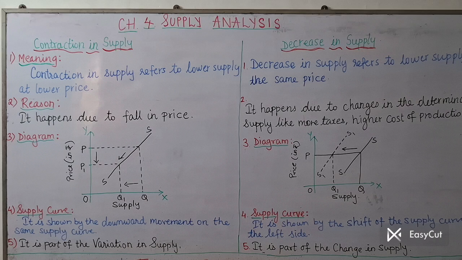Since his profit reduces, he supplies less even at the same price. Even if the price is the same, since his profit is cut down due to higher taxes or higher cost of production, he supplies less at the same price. So this is the base functioning behind the decrease in supply by the seller.